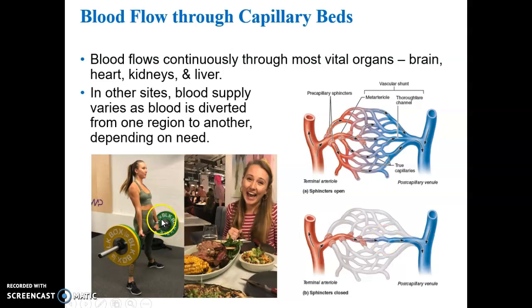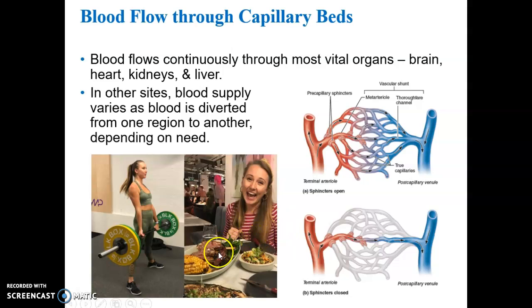Now later on, if you're eating and not exercising, your skeletal muscles don't need that much blood. So much of the blood flow to the skeletal muscles is minimized or shunted because they don't need that much oxygen or nutrients at the time, or removal of wastes.